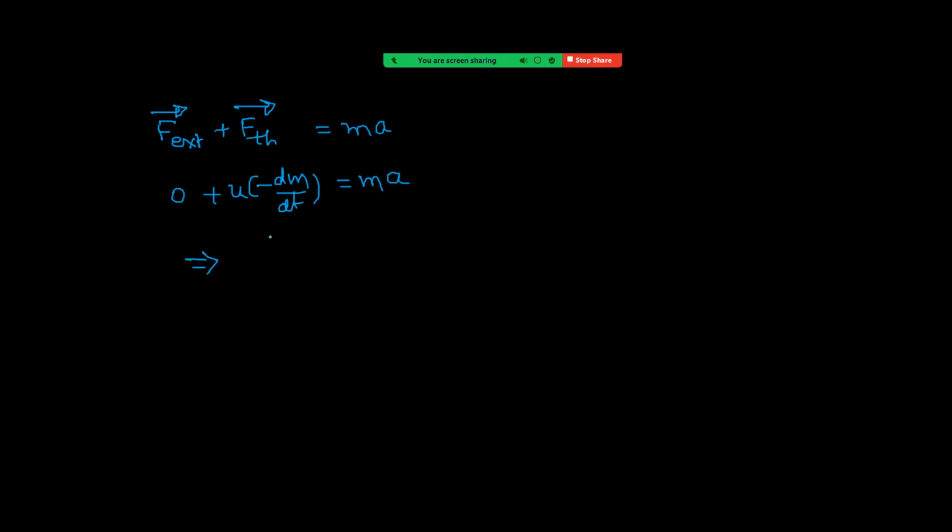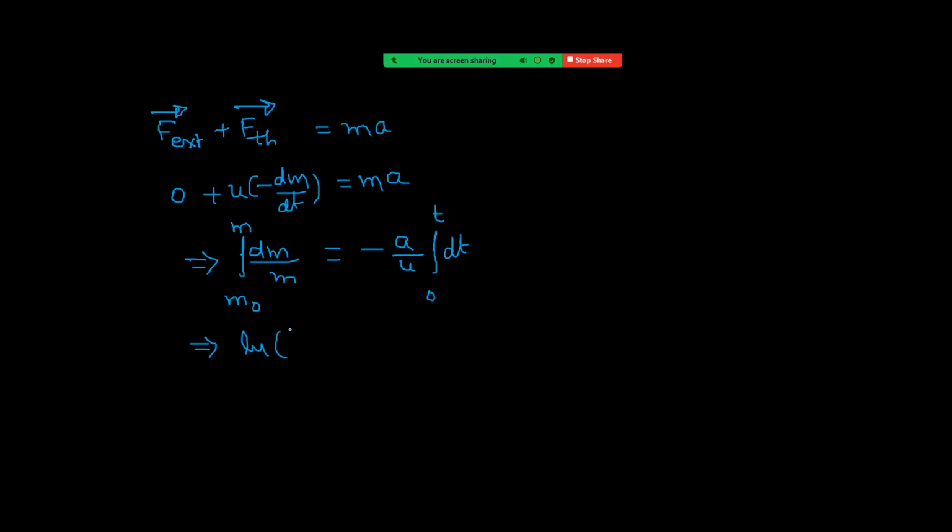Now rearrange this. I can write here dm by m equal to minus a by u into dt. Now integrate: at time t0, mass was m naught; at time t, mass is m. Okay, now see what happens.